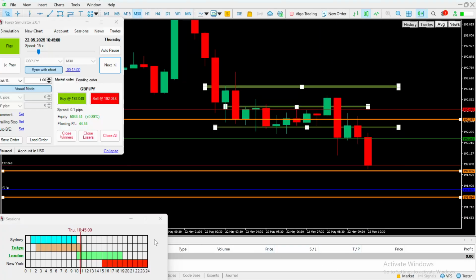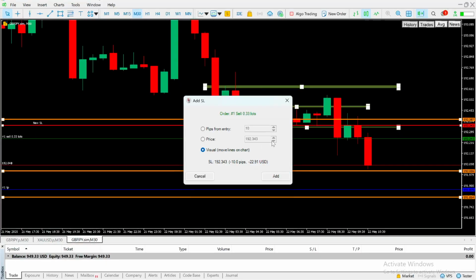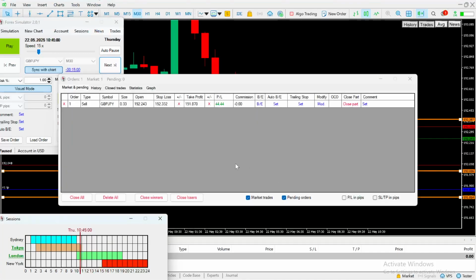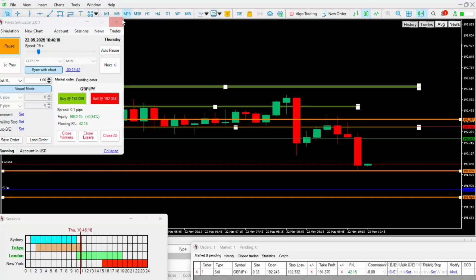Yeah, so what we can do now is move the stop loss just a bit. Yeah, here's good. Now we're only risking like 0.5%. That's fine. We're only up 1%.